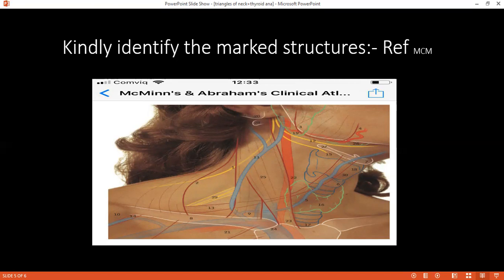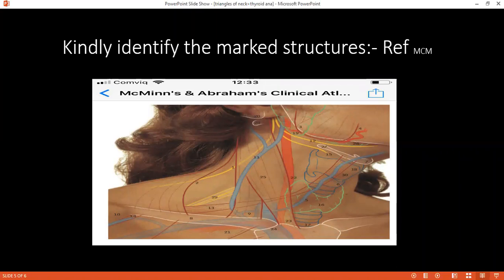Okay. Can you please tell me what is carotid body and where exactly is it located? It lies at the posterior wall, at the bifurcation of the common carotid artery. Yes, and it contains what? It contains chemoreceptors. It's sensitive to pH of the blood.